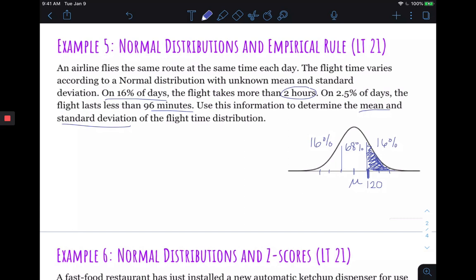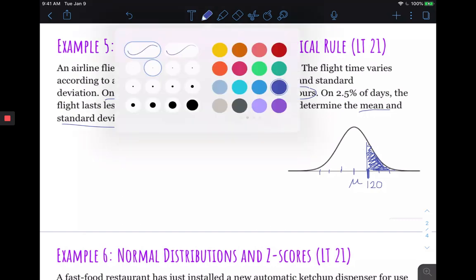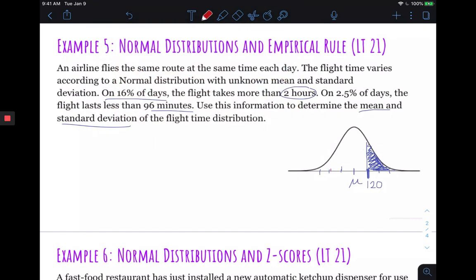Okay, then the other part says on 2.5% of the days, the flight lasts less than 96 minutes. Well, the 2.5% sounds familiar. That's coming from outside of the 95%. So 95% is 2 standard deviations away from the mean. This middle part, the middle 2 standard deviations away from the mean, is 95%.